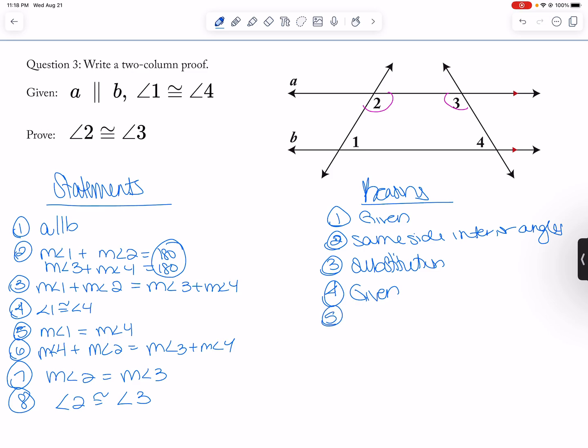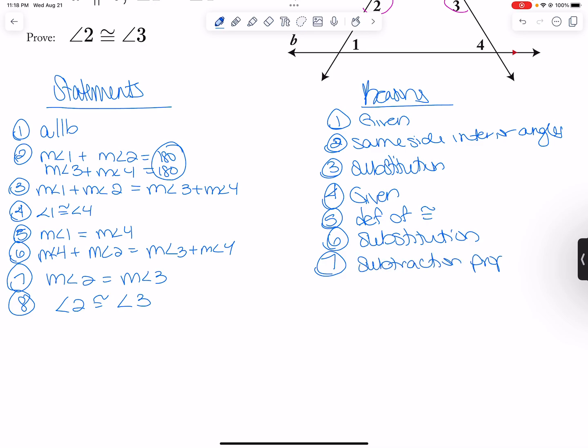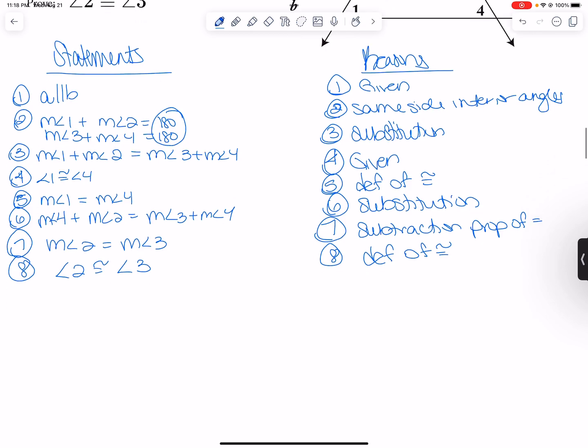And then 5 is definition of congruency. And then 6 is substitution. And then 7 is subtraction property of equality. And then 8 is definition of congruency. Okay?